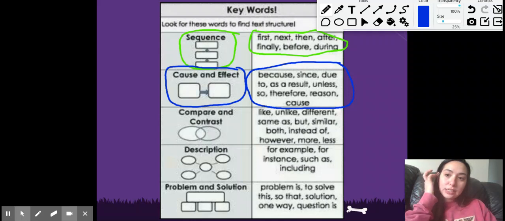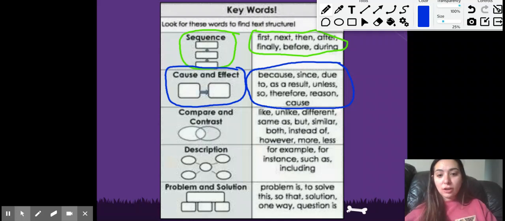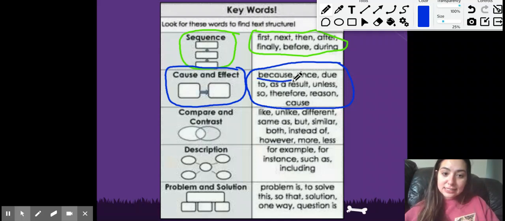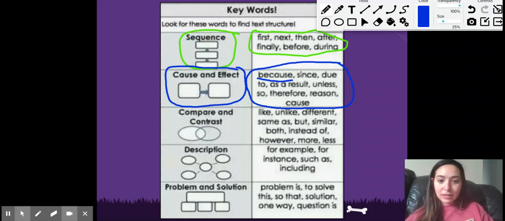So if the author wants to tell you about what could happen or what did happen because of something else, that's cause and effect. So if I say my dog was barking because there were people outside, that's cause and effect. The people caused my dog to bark.